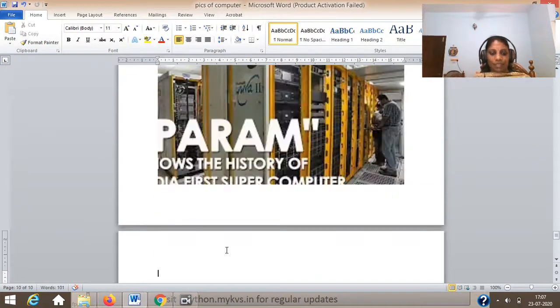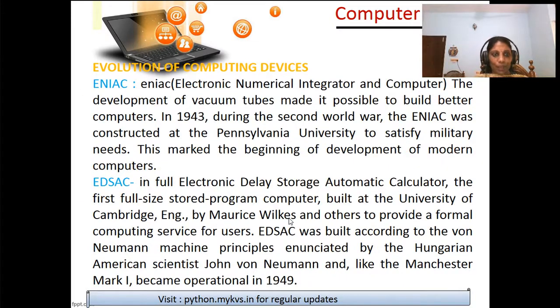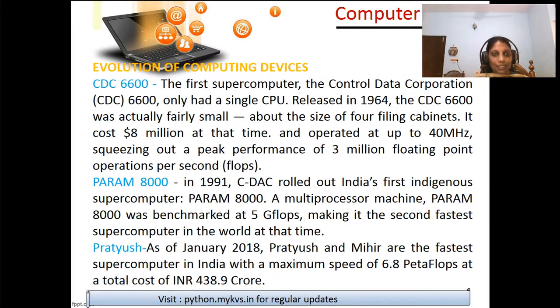If you have a doubt, you can always check with me. Anyway, the pictures are not that important. I just showed you so that you can develop some interest in seeing the kind of systems we had in the initial stage. And after Mark 1 we had ENIAC and EDSAC, then CDC, then Param, and then Pratyush.